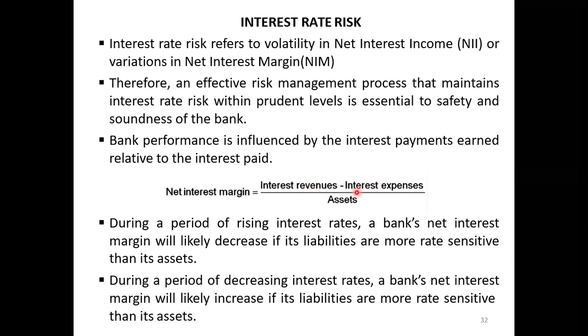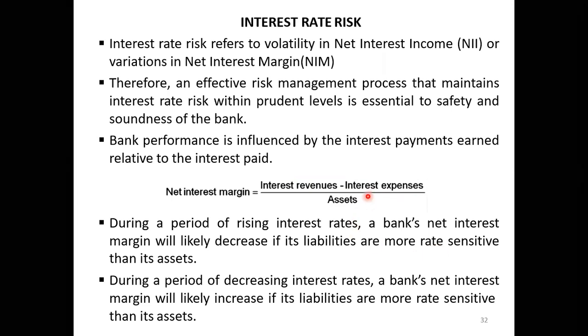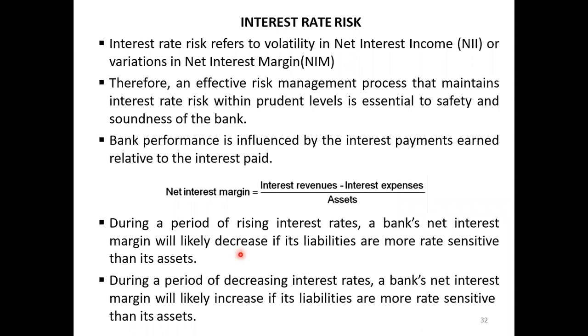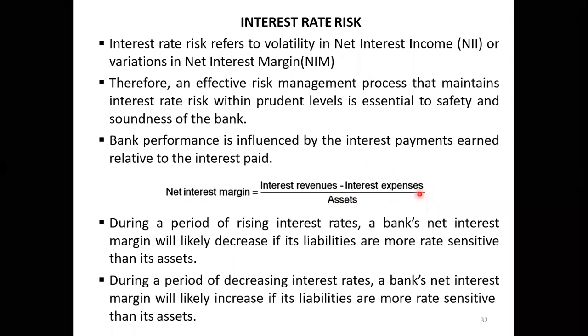Due to this mismatch, and the deposits being more rate sensitive, this is the reason for this decrease. So during a period of rising interest rate, a bank's net interest margin will likely decrease if its liabilities are more rate sensitive than its assets. You know that deposits are more rate sensitive than its loans.